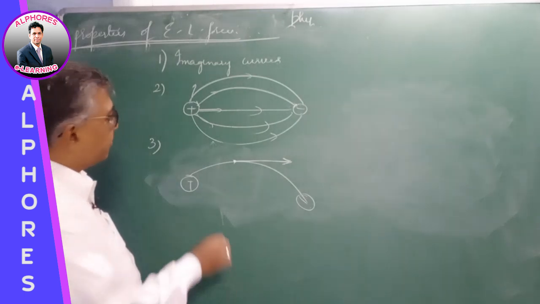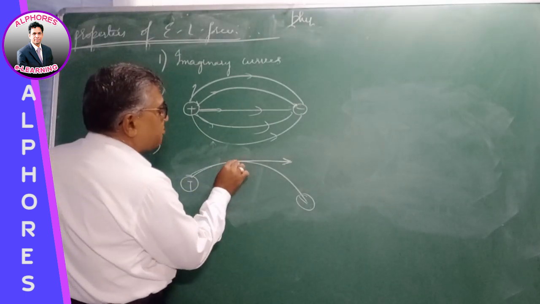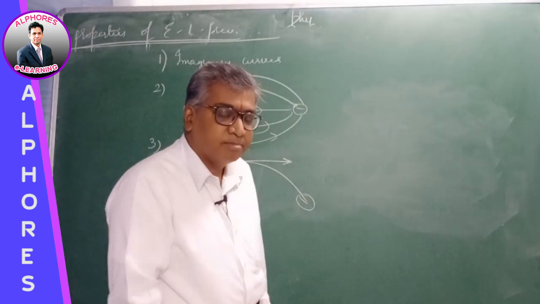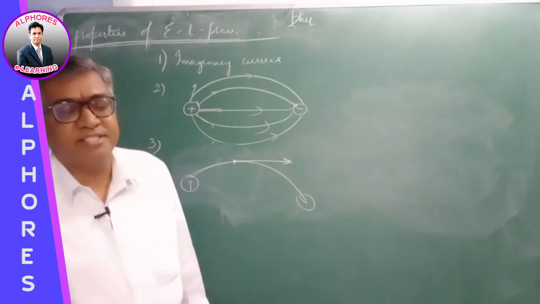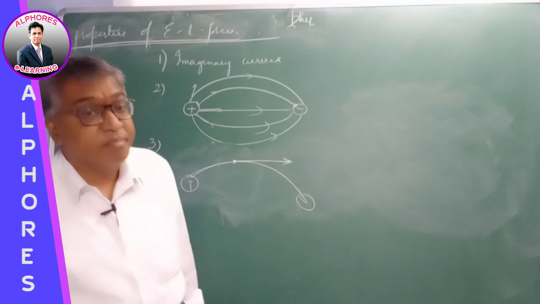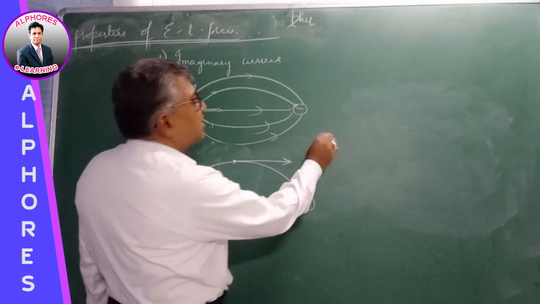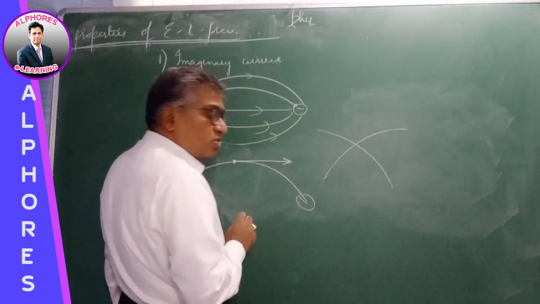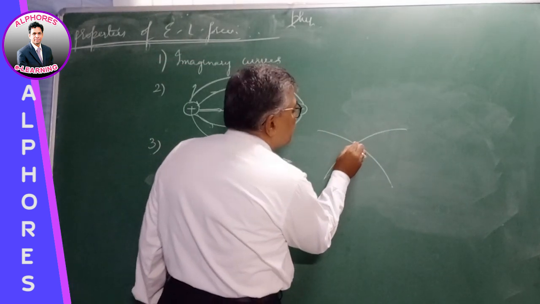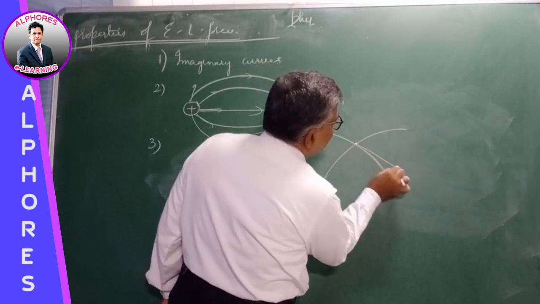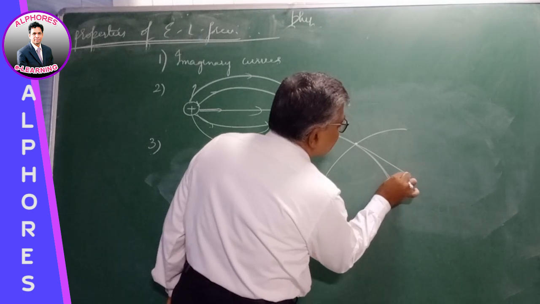That is the reason why there is a very important question: can two electric lines of force cross over one another? The answer is absolutely no. Because if two lines of force cross over one another, then at this point, if I consider this line of force, the tangent drawn at that point should give the direction of the electric field.